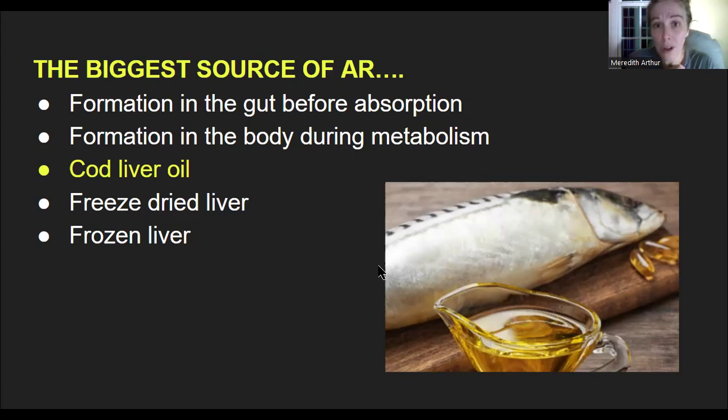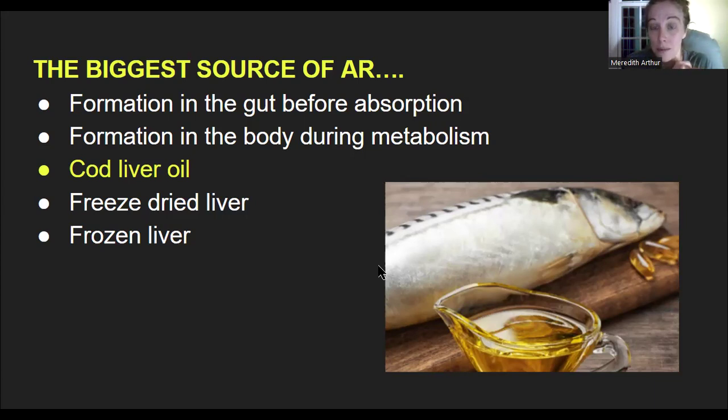The RDA for vitamin A, for your whole day, meets 98% of the population's needs. So it meets the needs of people who have low needs all the way up to the person with the highest needs. You only need a quarter of an ounce for an adult. That's like nothing.